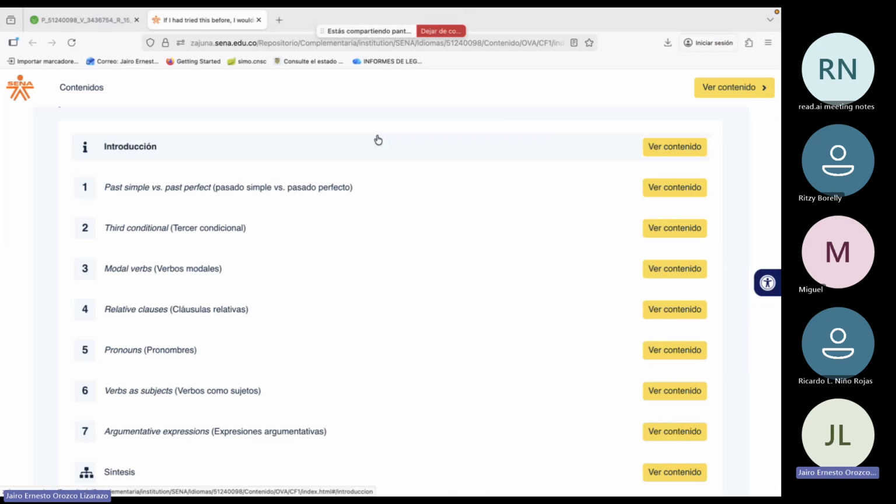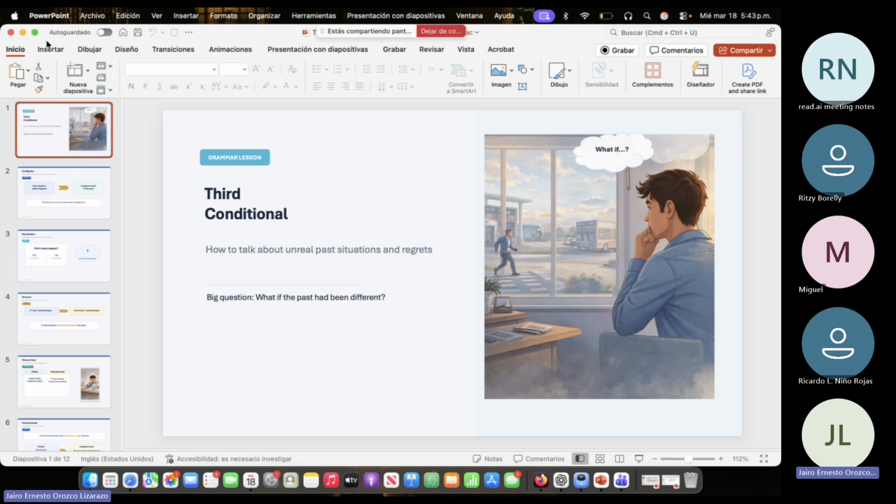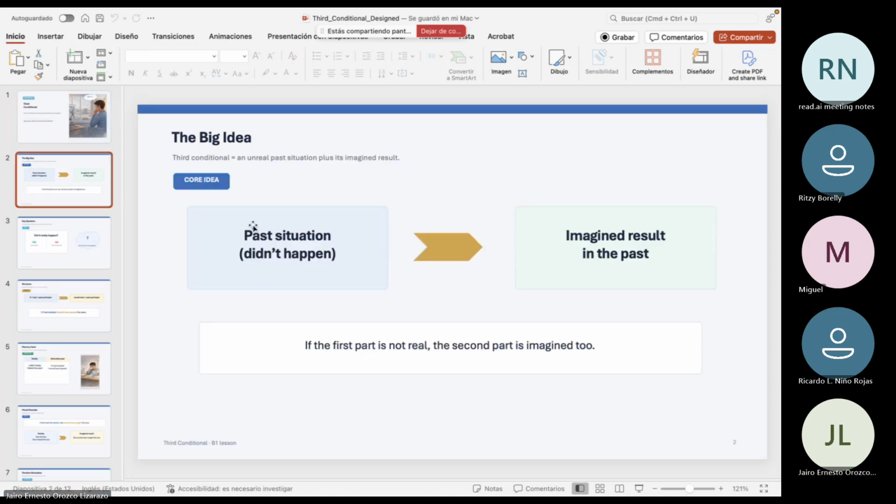Now, the second topic that we have is the third conditional. Third conditional is basically when you regret something. So basically, it's used to talk about unreal past situations and regrets, right? For example, a past situation that didn't happen, and an imagined result in the past. So if the first part is not real, the second part is unreal too, imagined too, right?